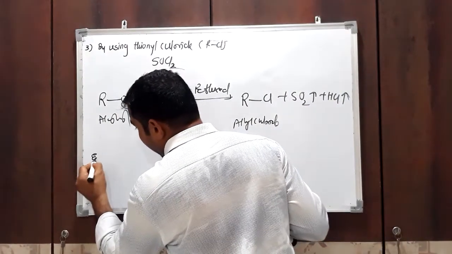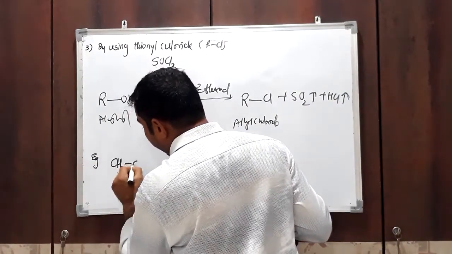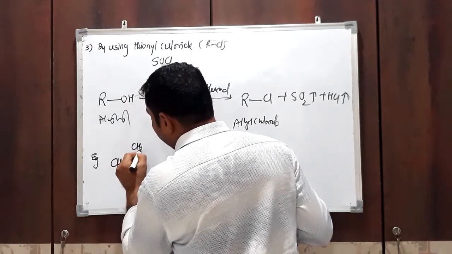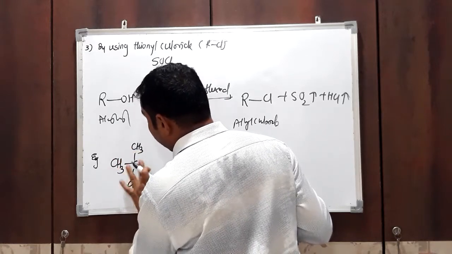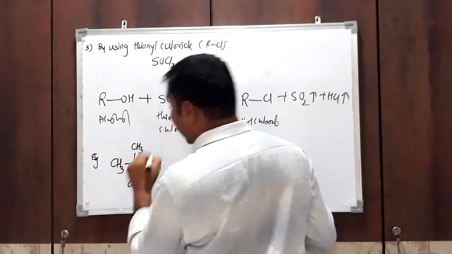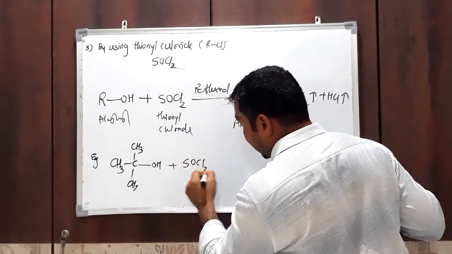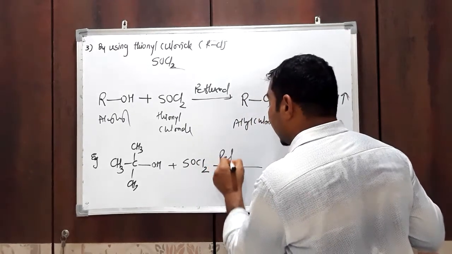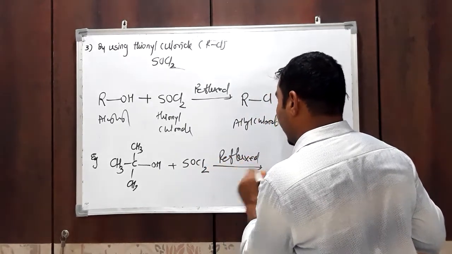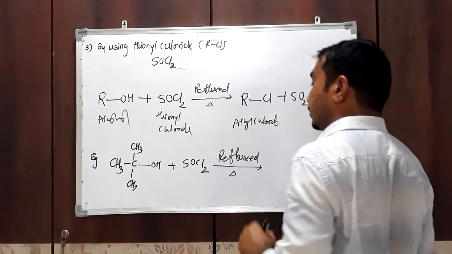Take an example, tertiary butyl alcohol. Tertiary butyl alcohol reacts with SOCl2, thionyl chloride, reflux. Reflux means just heat.